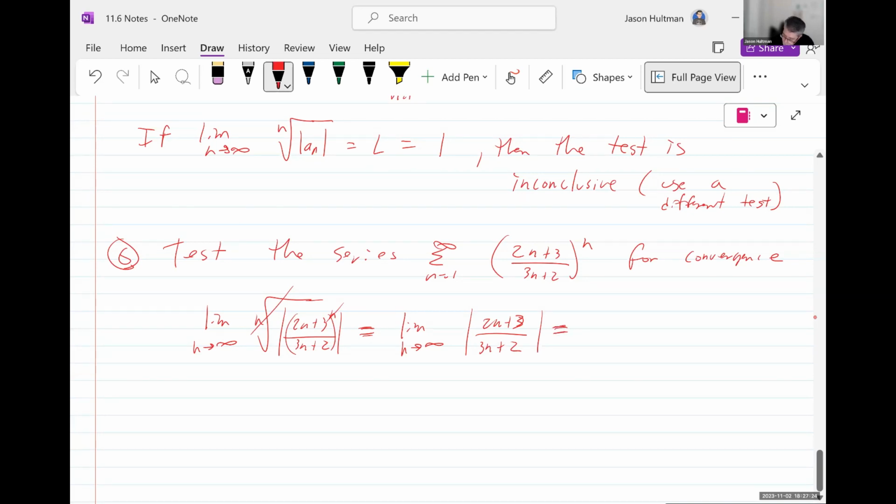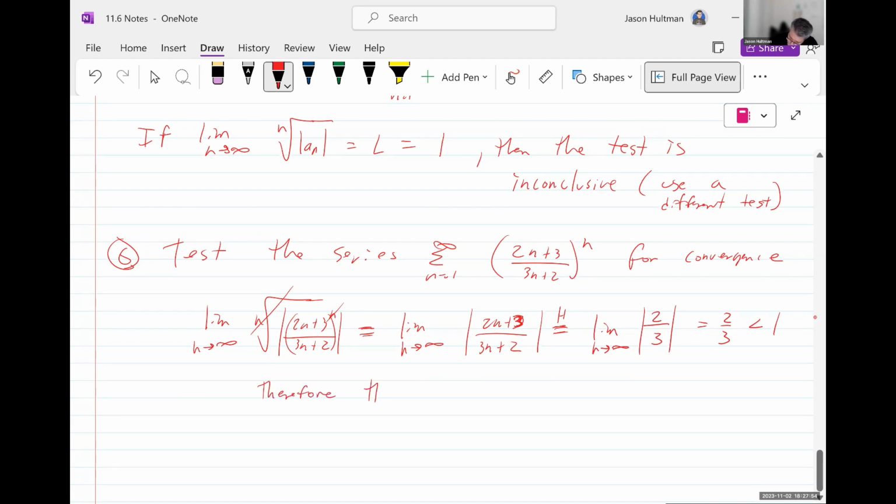It really doesn't matter. Using L'Hopital's rule, this is equal to the limit as n goes to infinity of the absolute value of 2 over 3, but the absolute value of 2/3 is just 2/3, which is less than 1.